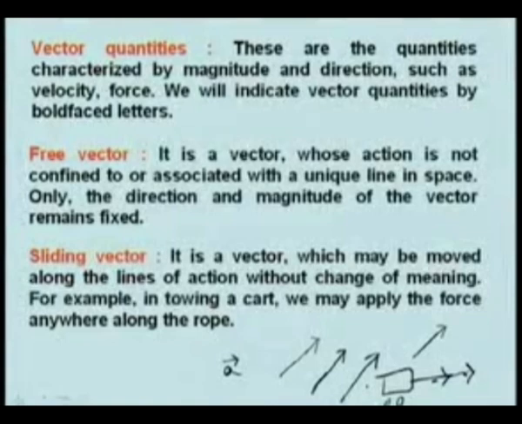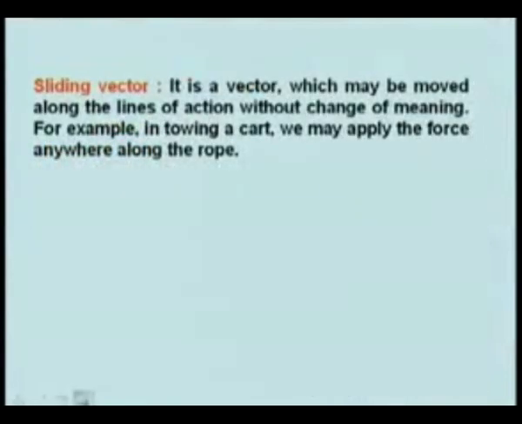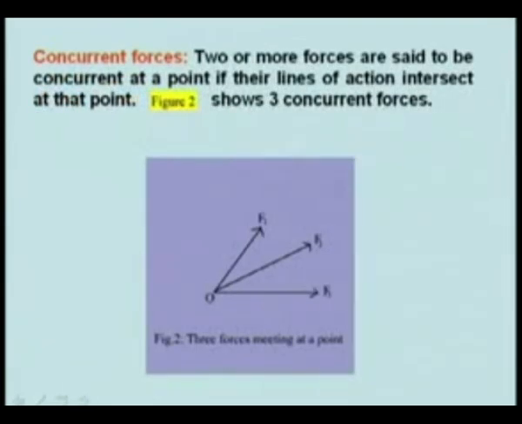So, it is a case of a sliding vector, in which the line of action remains fixed. This is the line of action, but the vector can be placed anywhere on that line of action. So, this is an example of a sliding vector, a vector which may be moved along the line of action without change of meaning.